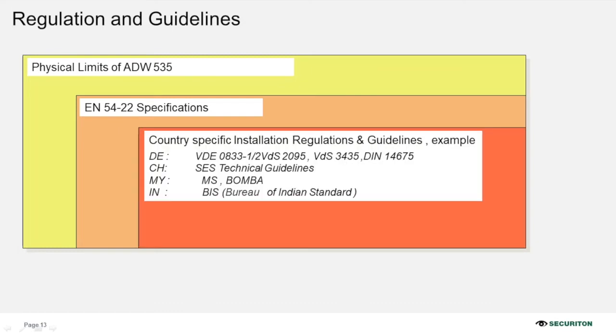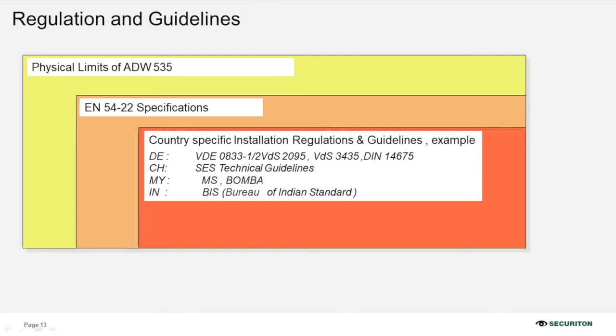And in addition, you have to look into your local standards because, as you see, this is international, and people are joining from different countries and different parts of the world, and every country has its own regulations and guidelines. For example, Germany has VdS, Malaysia has MS standards, which comply with BOMBA, and India has Indian standards.